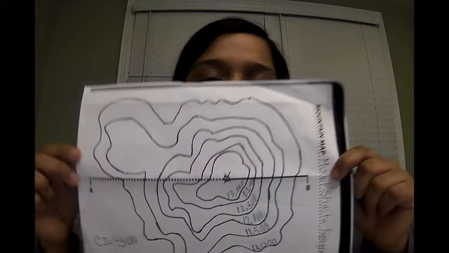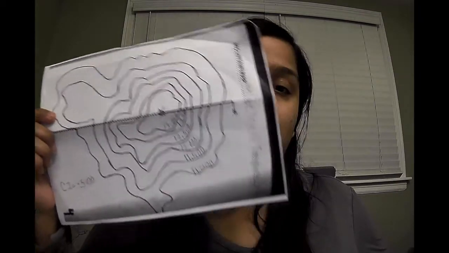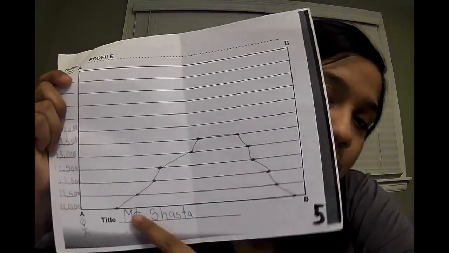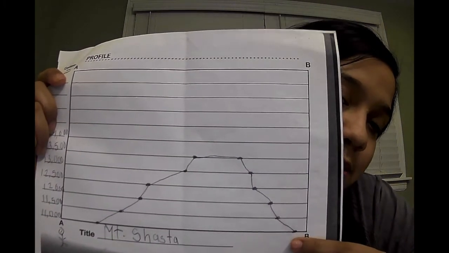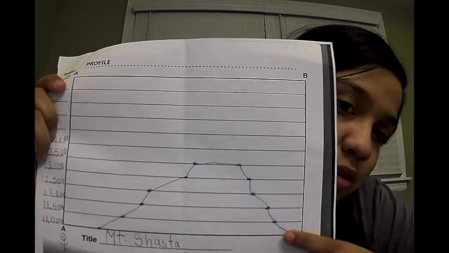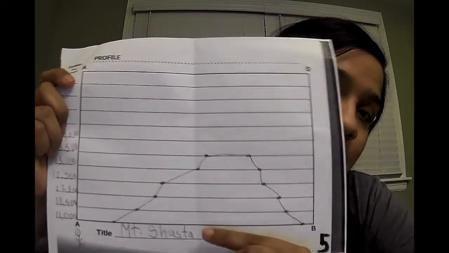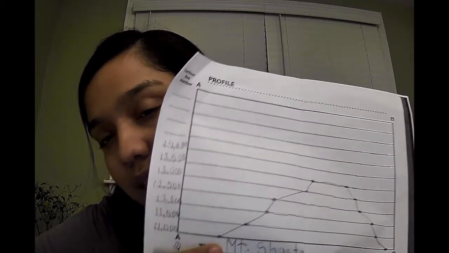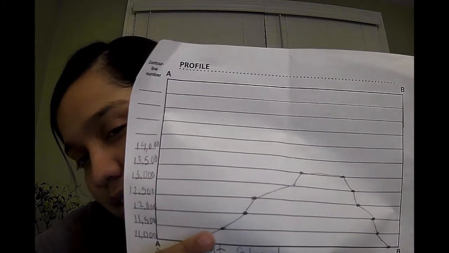Now, just looking at a bunch of these squiggles, it's not really that clear to see the slope, but that's why it is important to have a profile map. In our profile map, we also notice side A and side B. Notice from side B how it goes up quickly, like you're climbing up a hill, versus on side A, the elevation is not increasing as quickly.